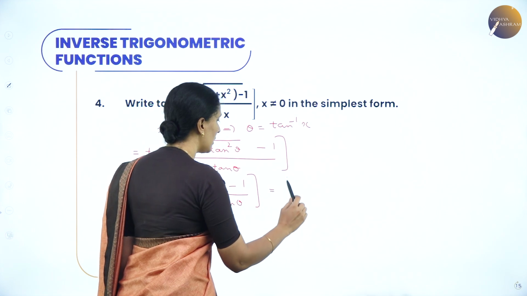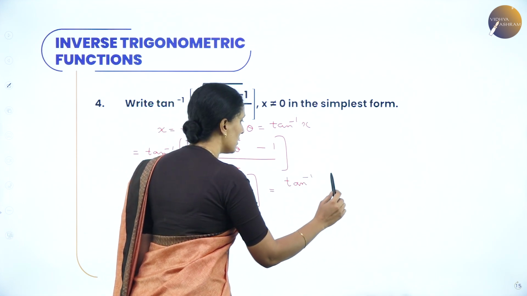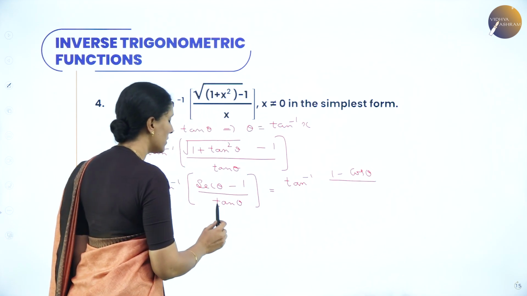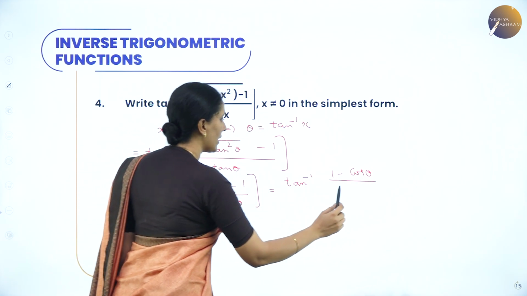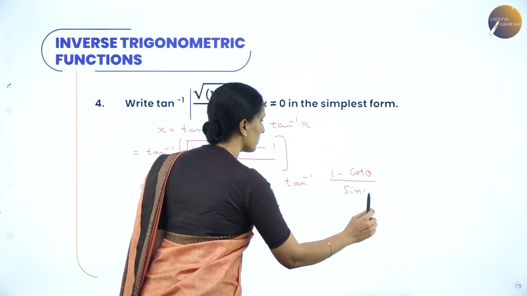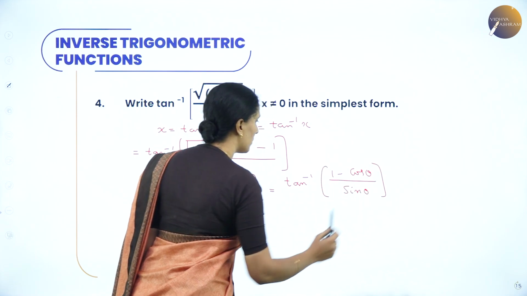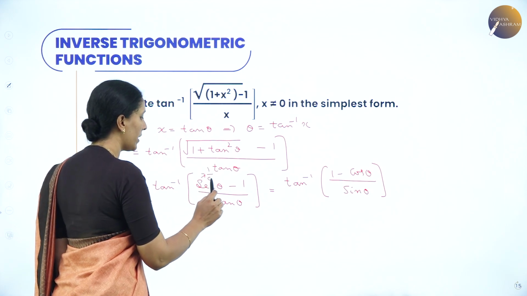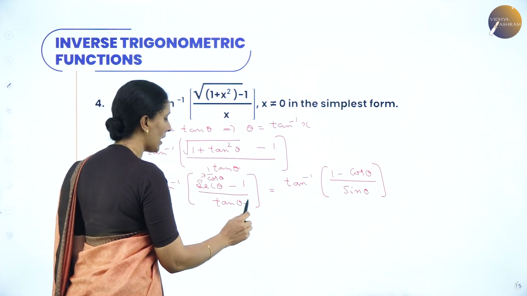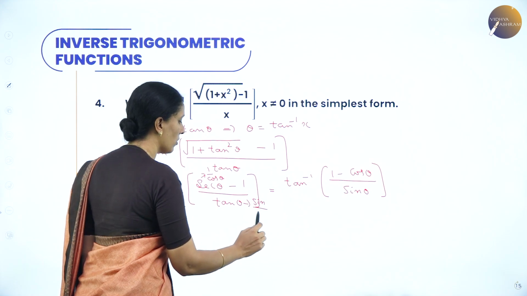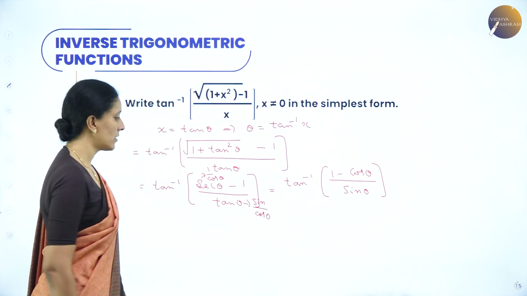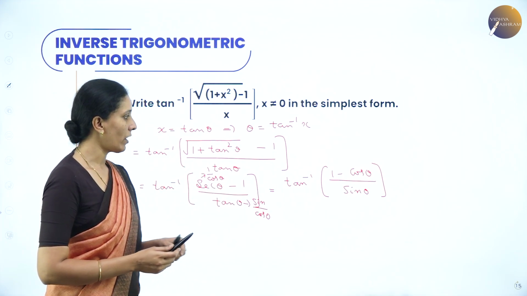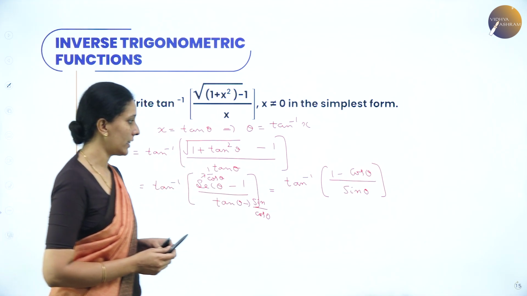Then this can be written in the form of tan inverse of (1 minus cos theta) divided by sin theta, because both cos in the denominators get cancelled. So numerator is 1 minus cos theta and denominator is sin theta.